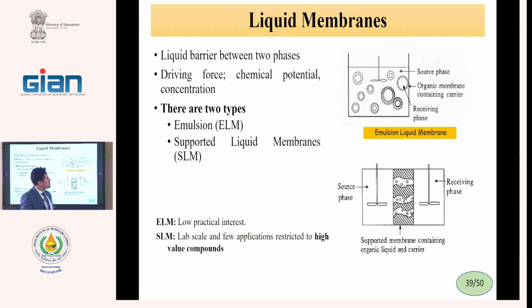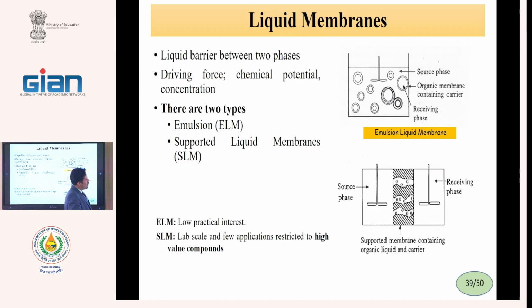In supported liquid membrane, we usually have a ceramic membrane with big pore size, and the pores of the ceramic membrane are filled with the liquid. This liquid usually is oil-based, usually paraffin, that has a complex agent and can absorb from the feed water to the receiving phase.